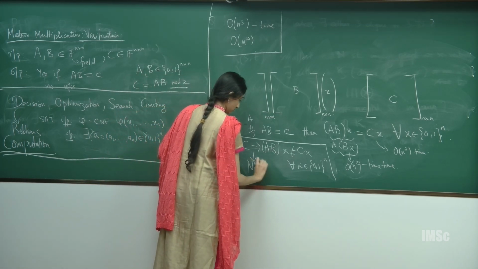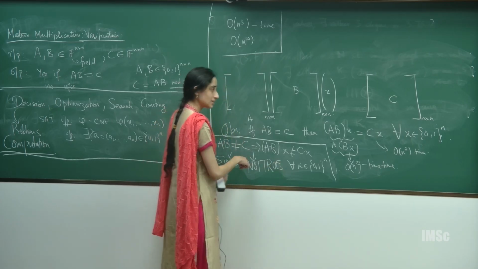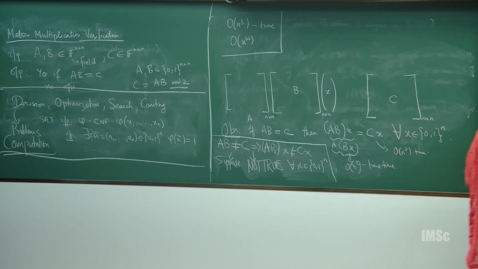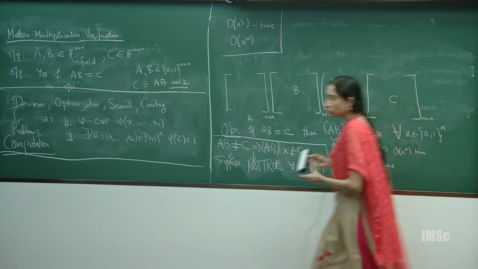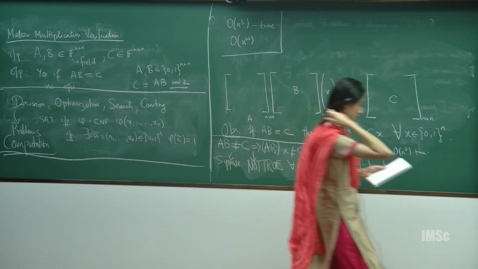There are matrices A, B and C such that AB is not equal to C, but somehow magically when you multiply with the vector on the right, everything becomes equal. Maybe I'll give one example. I think it's not hard to construct.